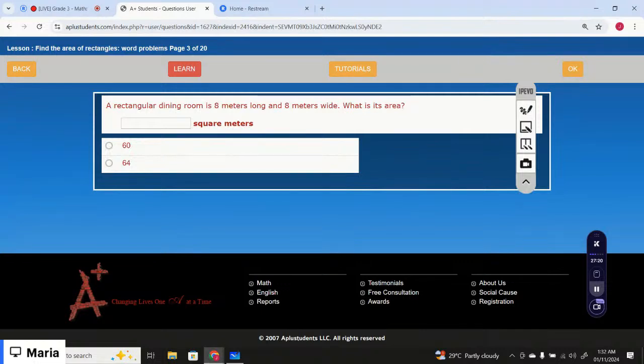A rectangular dining room is 8 meters long and 8 meters wide. What is its area? Which is the correct option?